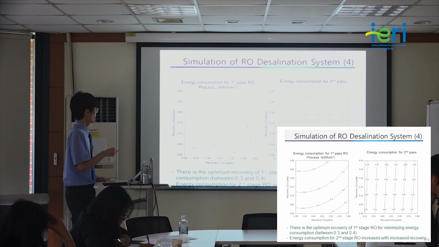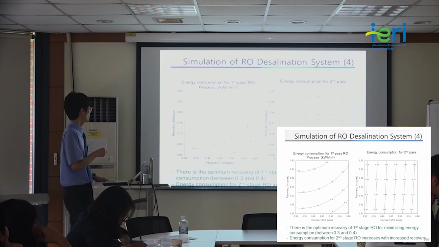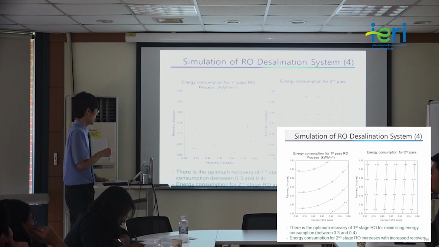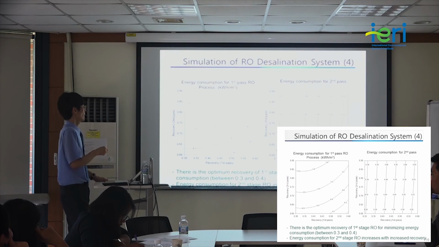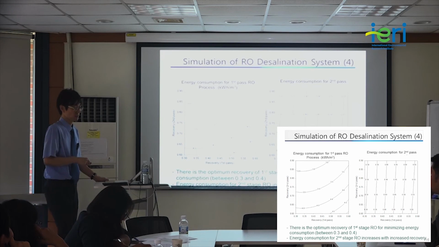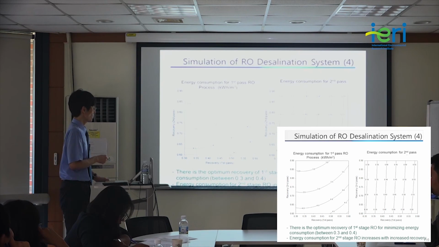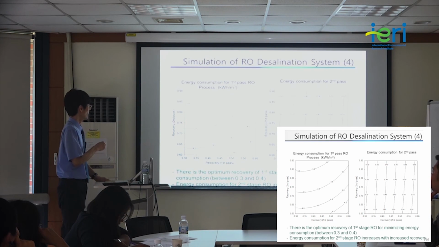So again, if you increase the first pass recovery, the energy consumption increases, and if you decrease the first pass recovery, it generally decreases, but there is an optimum point where we can achieve the minimum energy consumption. And in the second pass, if you increase the second pass recovery, we can reduce the energy consumption.